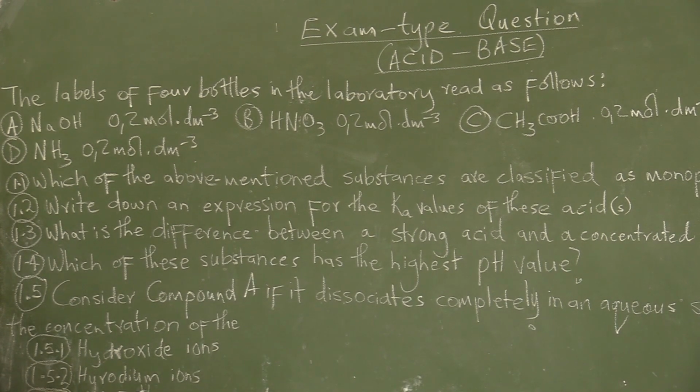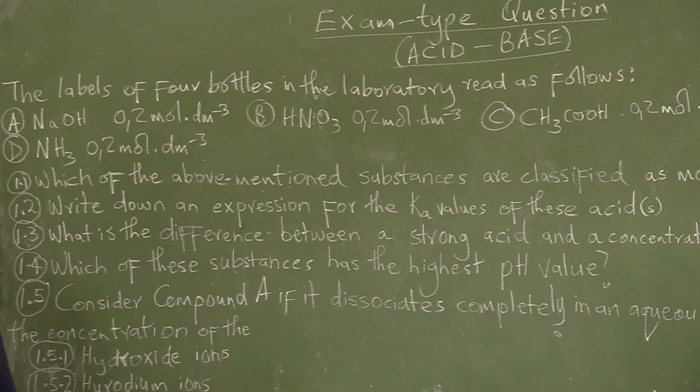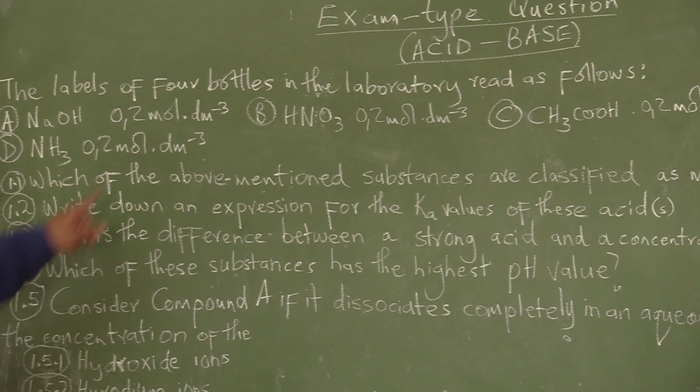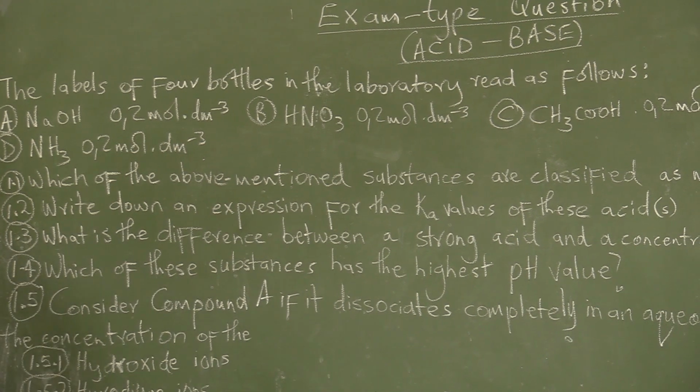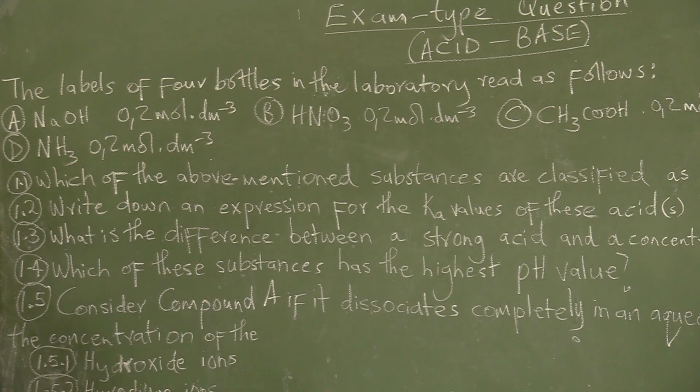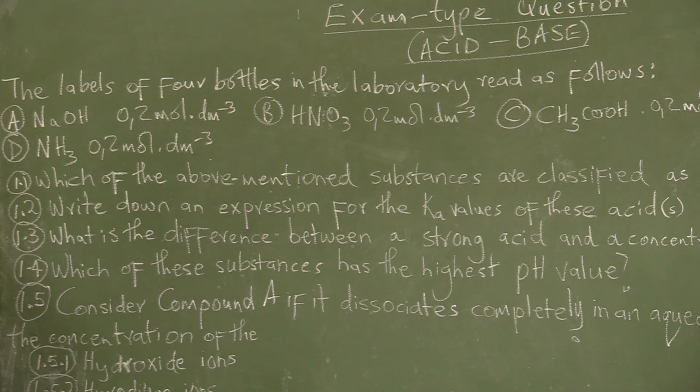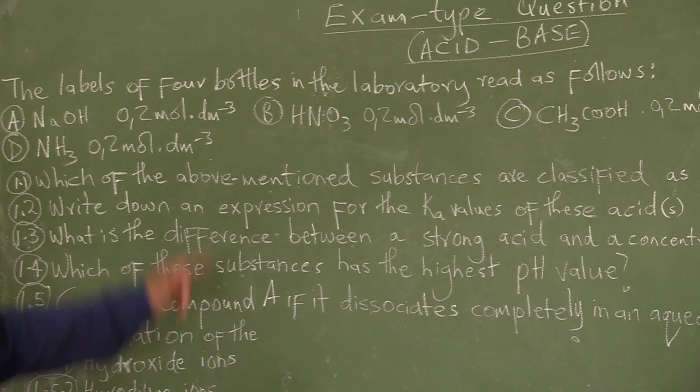Number A is sodium hydroxide, 0.2 mole per cubic decimeter. Since it's mole per cubic decimeter, it means that is the concentration of sodium hydroxide. B is nitric acid, 0.2 mole per cubic decimeter. Nayo okushitshela ukuthi nayo it's a concentration.